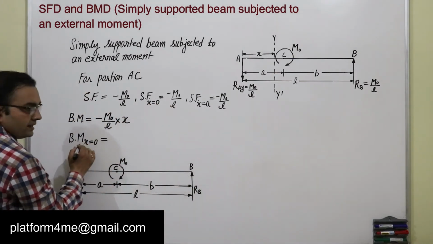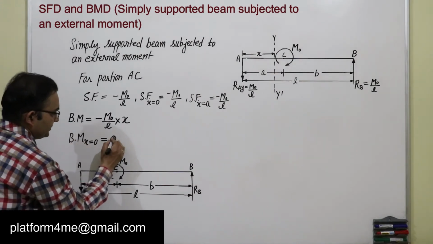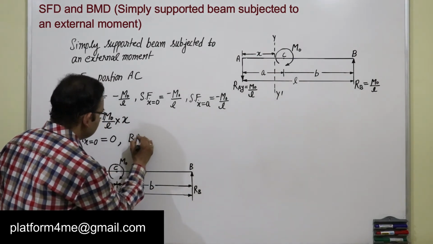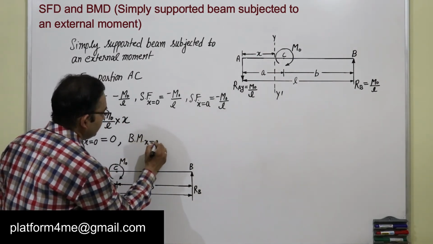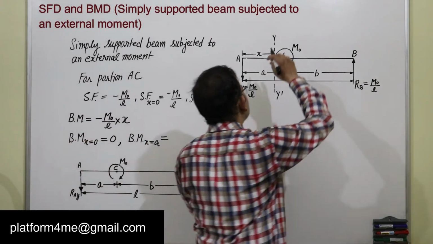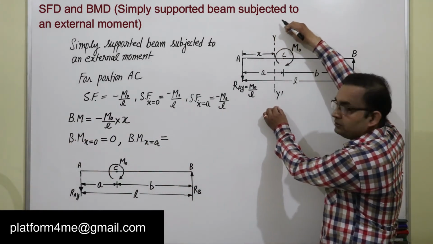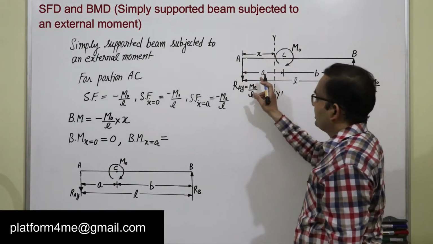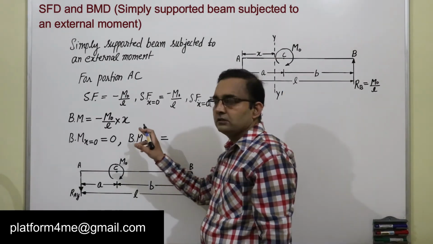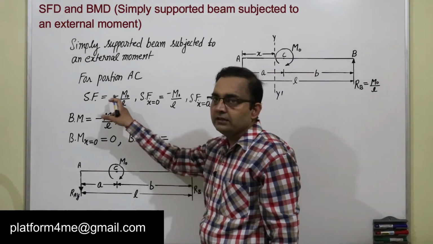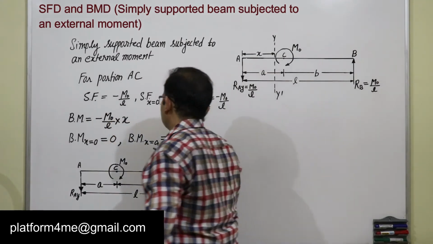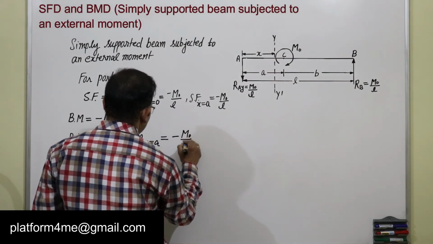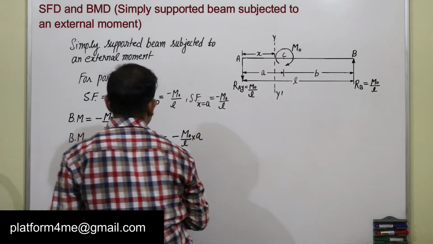So bending moment at x equal to 0 is 0, and bending moment at x equal to A, we will slide this section up to C. So x will increase and it will become equal to A. So we will put x equal to A in this general equation. So it is minus m0 upon L into A.